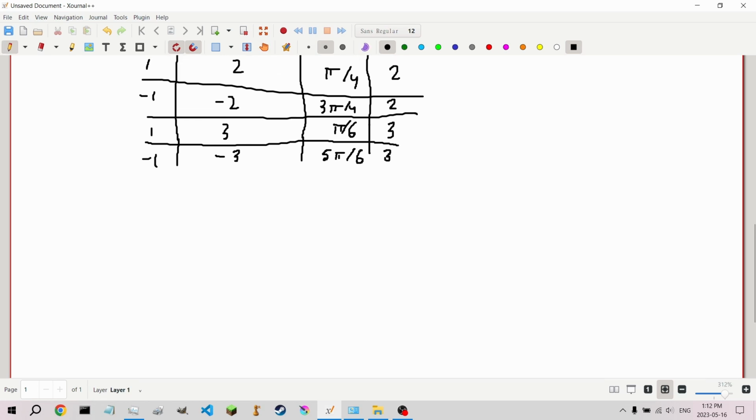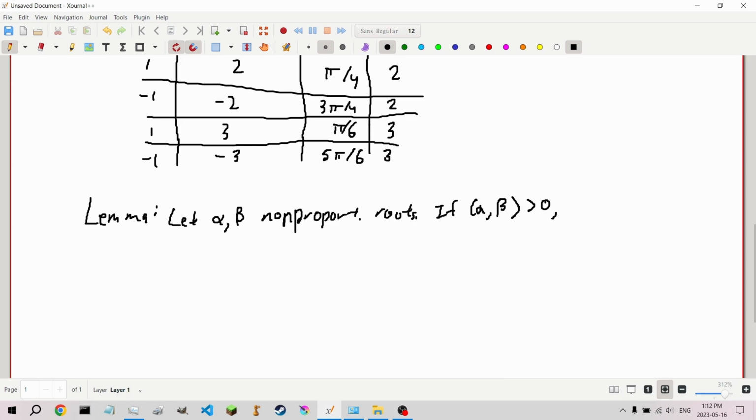And this comes with a lemma. Let alpha and beta be non-proportional roots. If the angle between alpha and beta is acute, then alpha minus beta is a root.